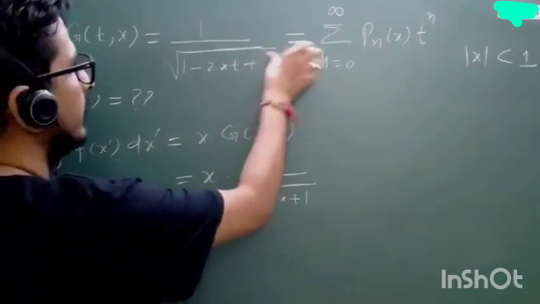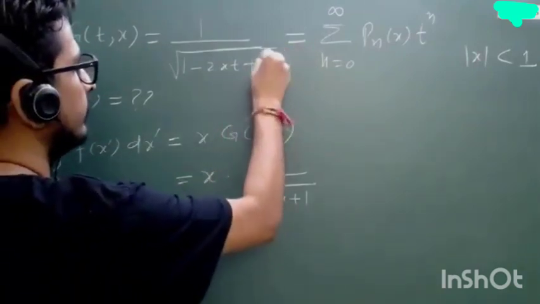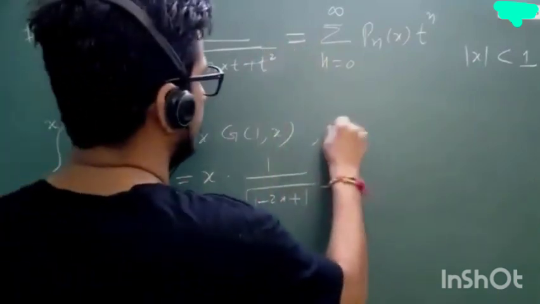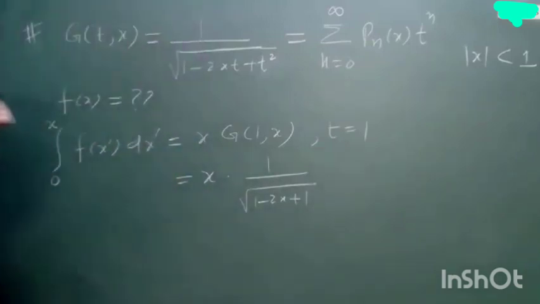Here it is t square, no? And the value of t here is equal to 1. So what will it become?